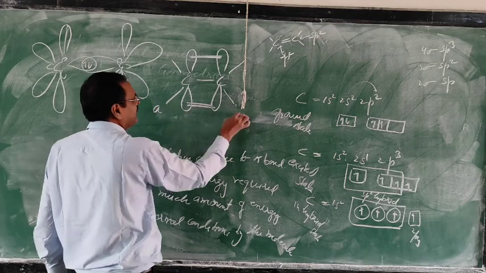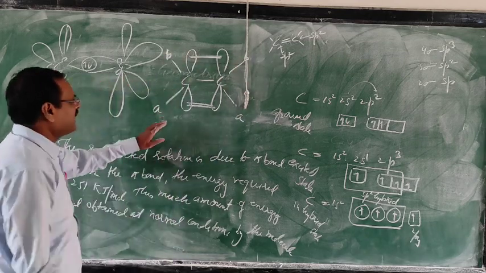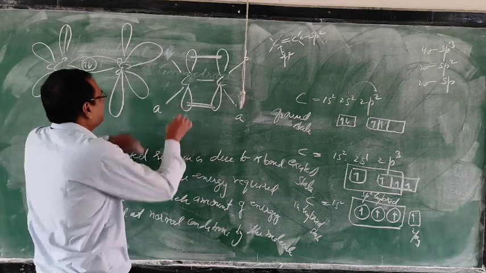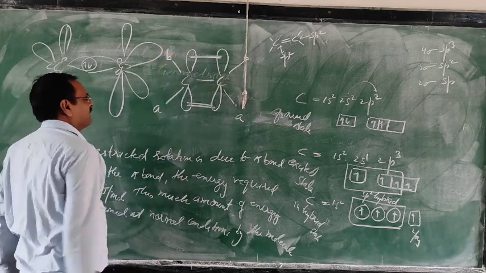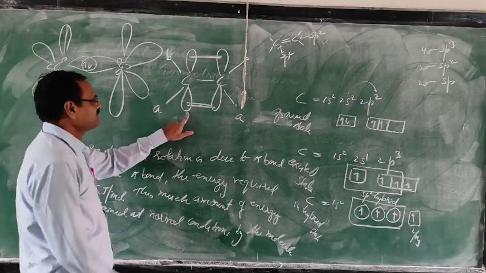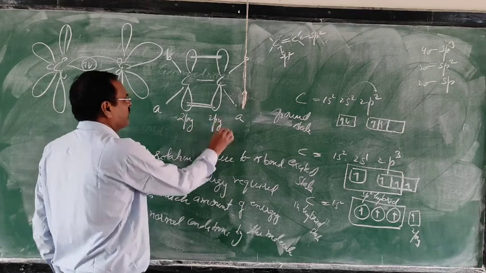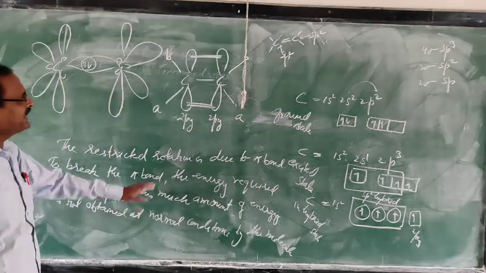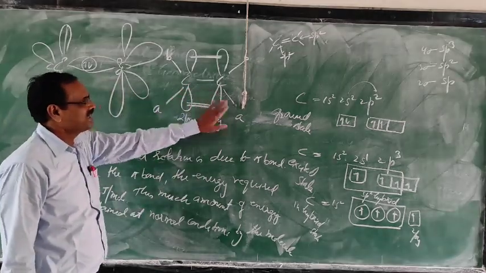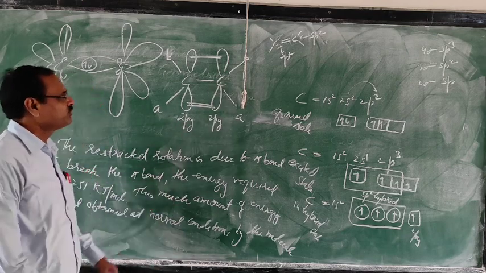Here A, B, A, B. So this carbon and the A and B atoms are present in the same plane. But the 2py orbitals are perpendicular to the plane of this paper or this board. So they are not free to move.